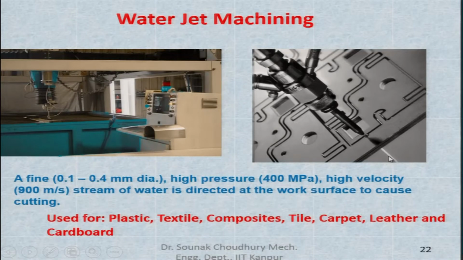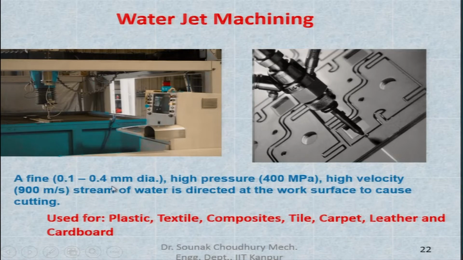A very fine water jet impinges the surface and can make a through hole within this width. You can see the width of the workpiece shown here. These are the kinds of grooves or slots that can be machined by moving the water jet along this path.